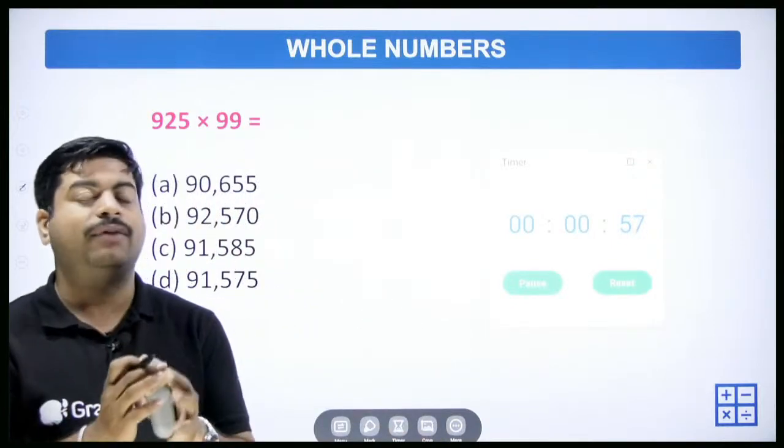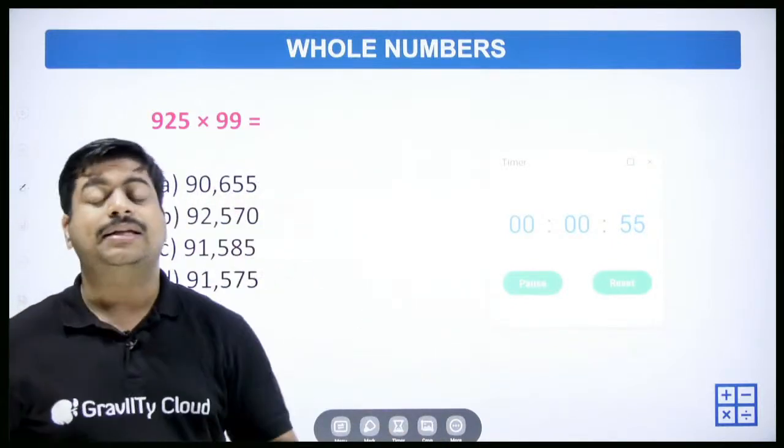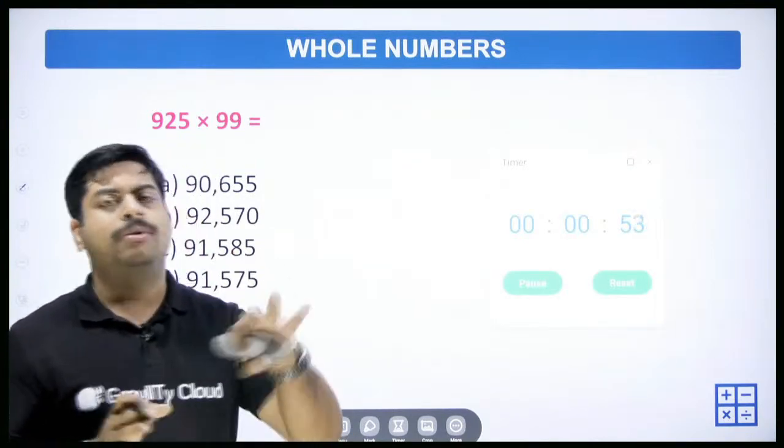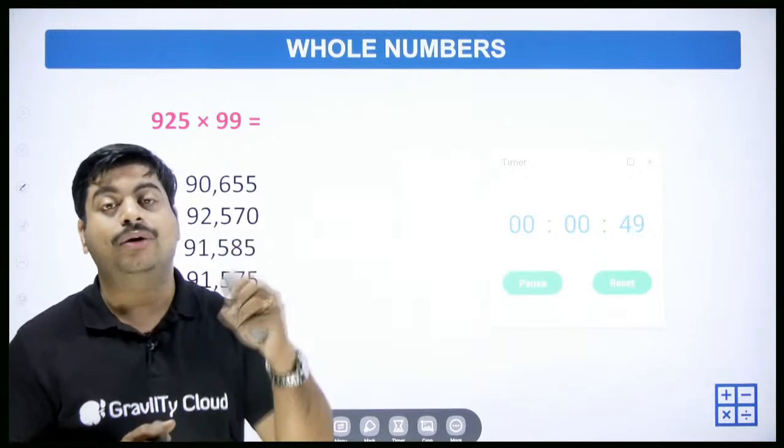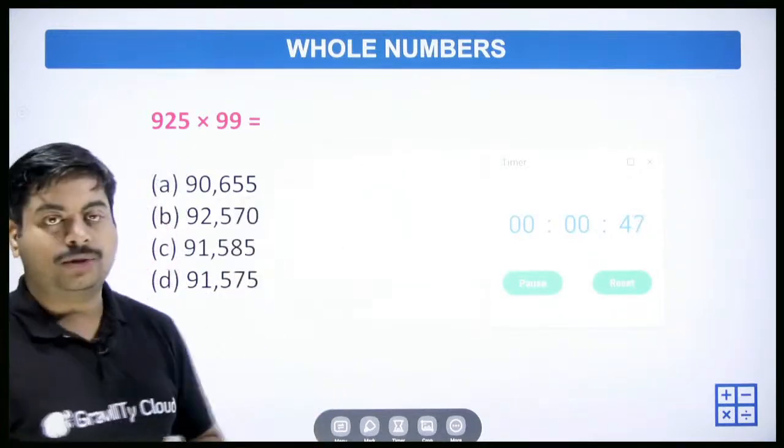The point here when we're trying to learn all this is that everyone is clear with the normal multiplication, but we need to have some tricks to calculate it more easily, right? So please try to solve that fast.